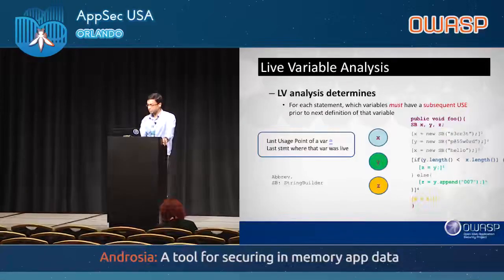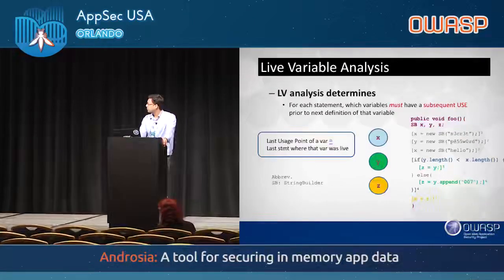In this particular code, the last usage point of variable x is this blue statement, y.length is less than x.length. It is not being used beyond this statement. It is being defined here again, but it's not being used. Similarly for y, the last use is happening at statement 5 and statement 6, and for z, similarly, we have the last usage here.